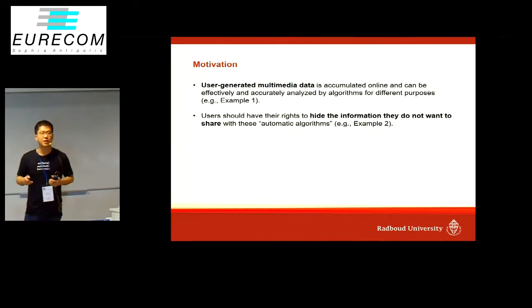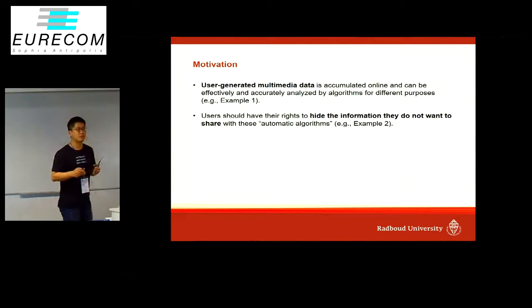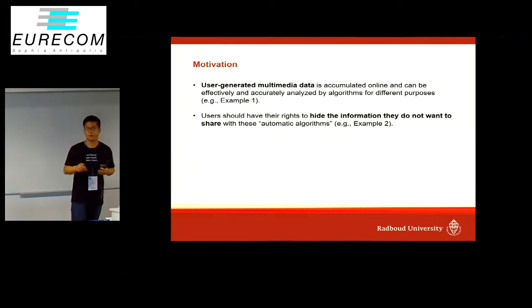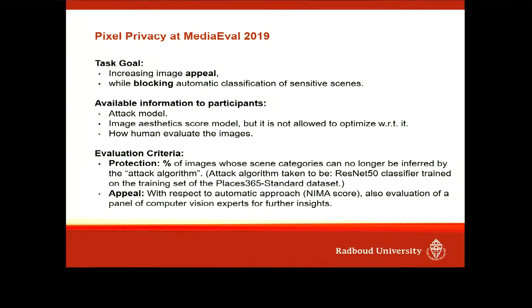The second thing is, I think we should let users have the right to hide the information that they do not want to share with commercial companies or with automatic algorithms, like I showed in example 2. This information might be misappropriated by the commercial companies.